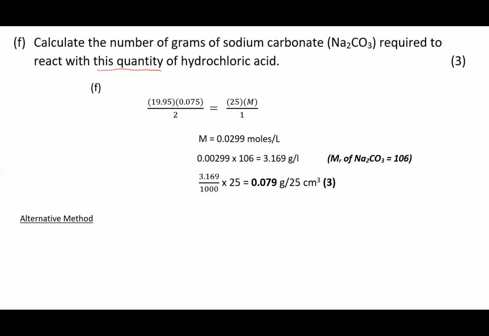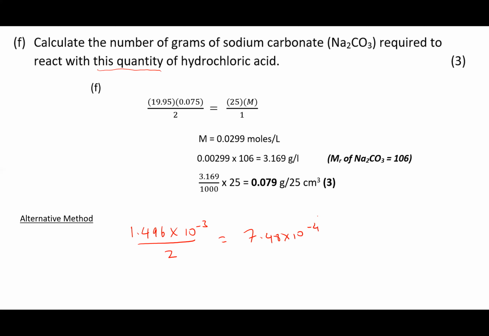Now, an alternative method of doing that is as follows. I'm just going to work through that very quickly. You take the number of moles from the last part, 1.496 by 10 to the minus 3. You divide it by 2 because you have a 2:1 ratio, and you get 7.48 by 10 to the minus 4.